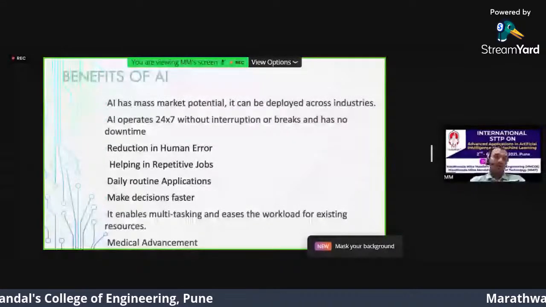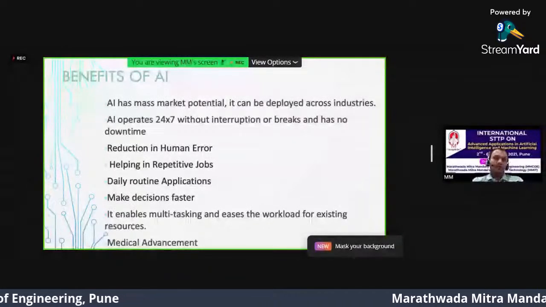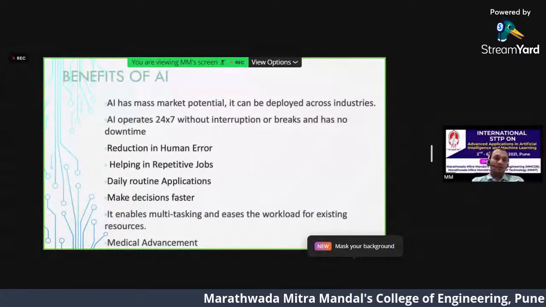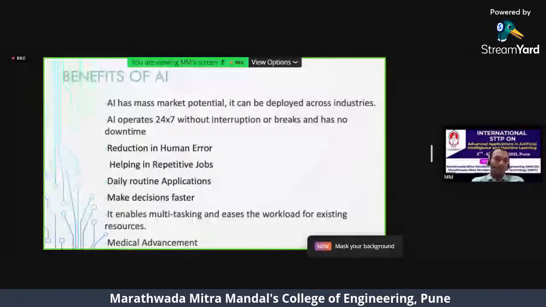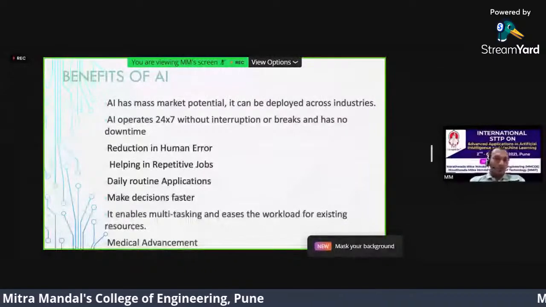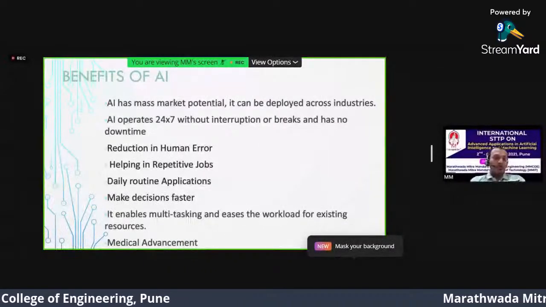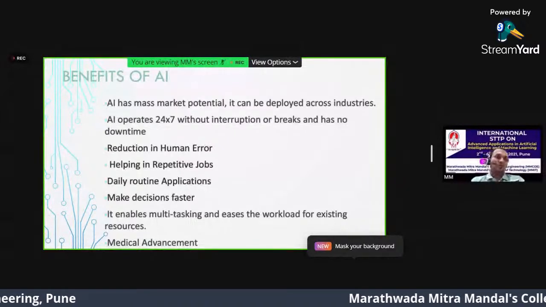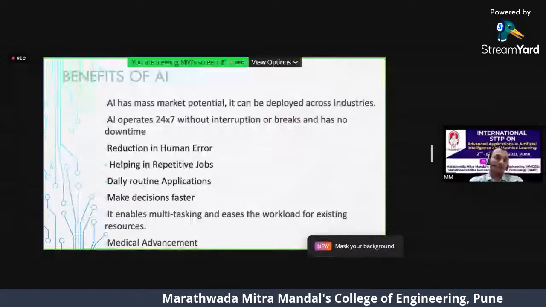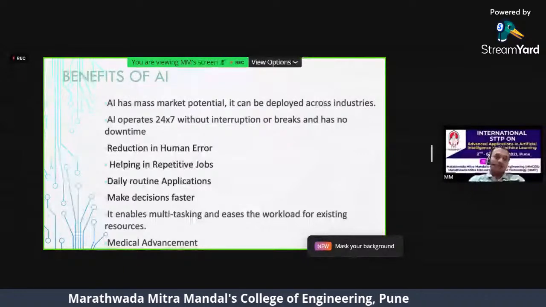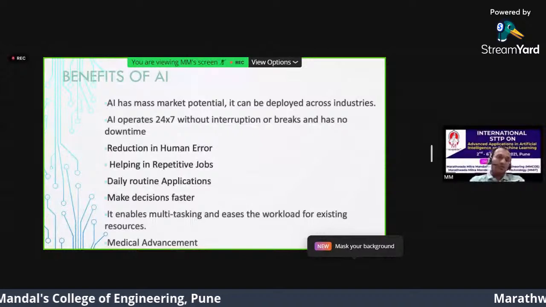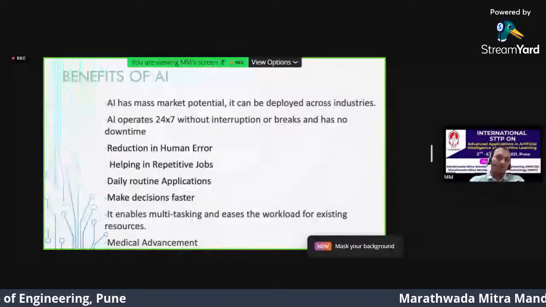Another is the medical advancement, as I said. It is continuously sending different types of data, like heart related data for patients who have some heart disease, or blood pressure related data, or diabetic related data, or cholesterol related data, to the family doctors continuously at certain intervals. Based on that data, the doctor can recommend any changes to the medications, or whether they require any additional treatments.